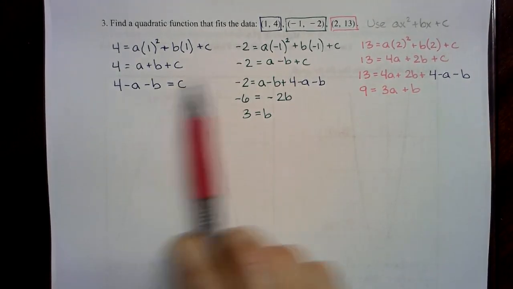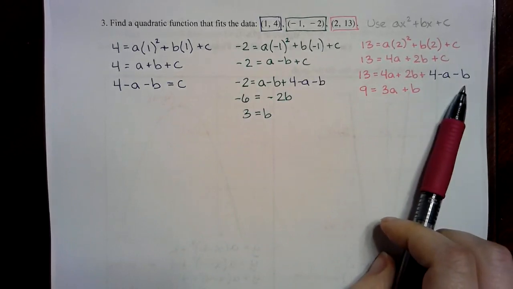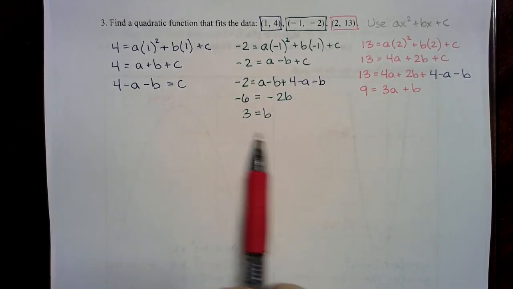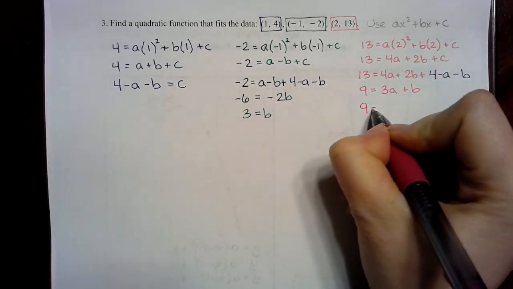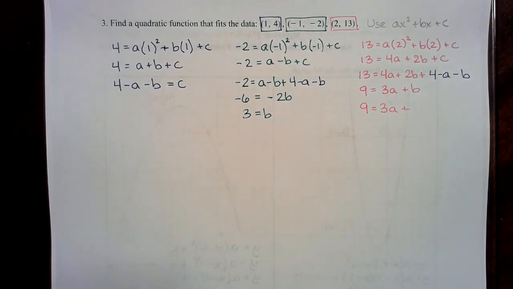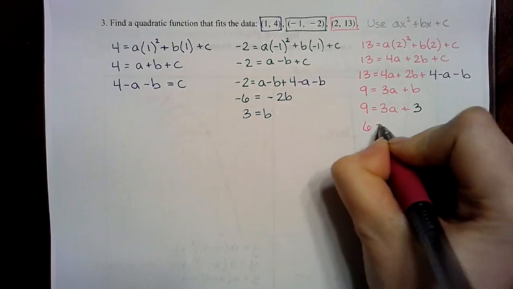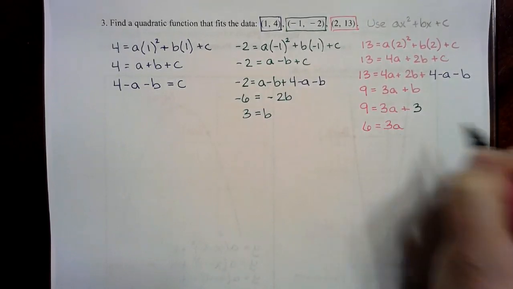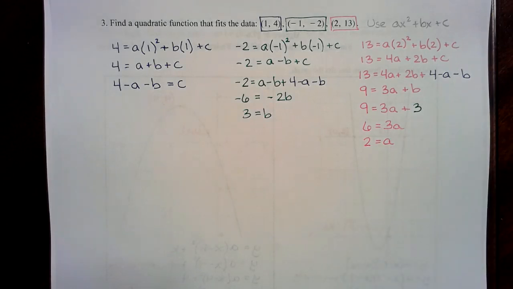And now that I've plugged in what I got from my first equation, I'll now also plug in what I got from my second equation, where I found that b was 3. Subtracting 3, dividing by 3, I find that a is 2.